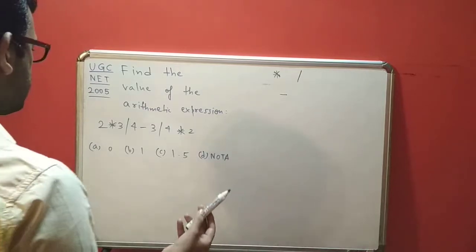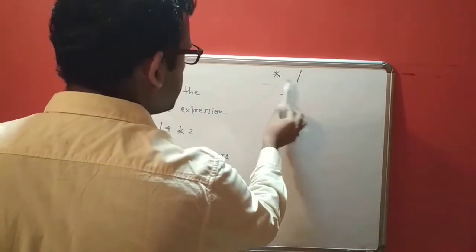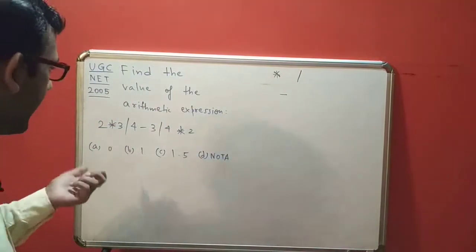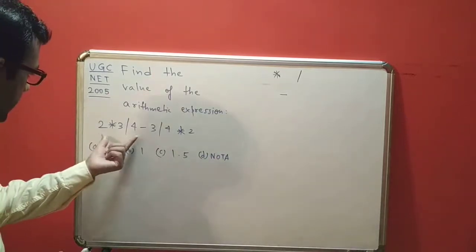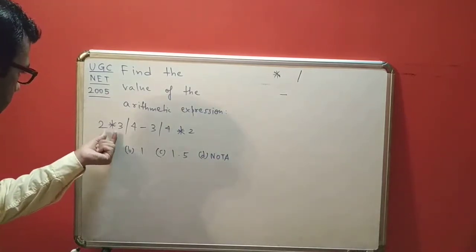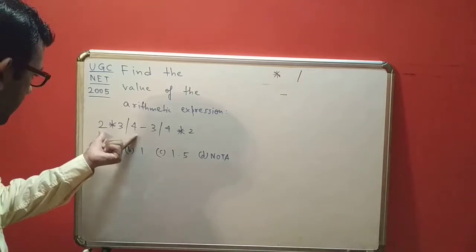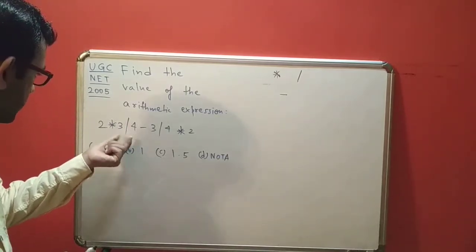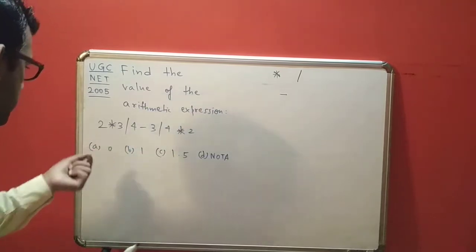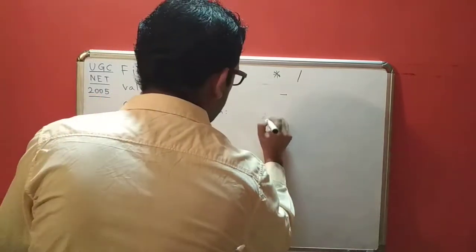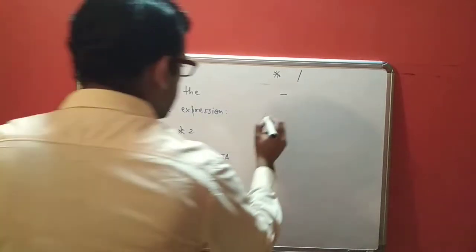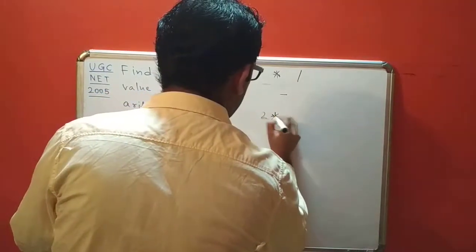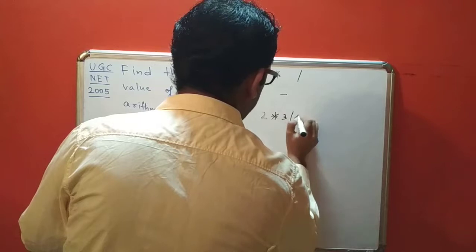Now see, these two operators have the same precedence. Then what will act as a tiebreaker? Let's say only this part, 2 into 3 divided by 4. This part has two operators. So which one do I evaluate first? What I'm trying to say is I'm just taking a part of this expression, 2 star 3 divided by 4.